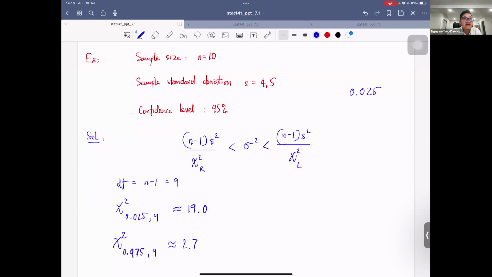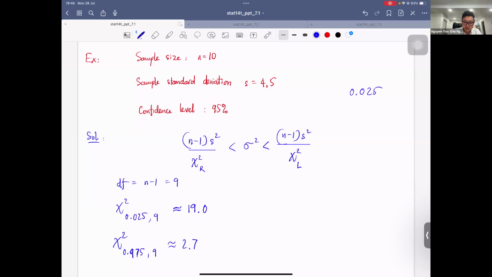So the left endpoint uses chi-square 0.025, it equals 19, and the right endpoint uses chi-square 0.975 with a degree of freedom 9. So we have 2.7. Please remember that the chi-square alpha here means the chi-square value such that the area to its right is the number down here.